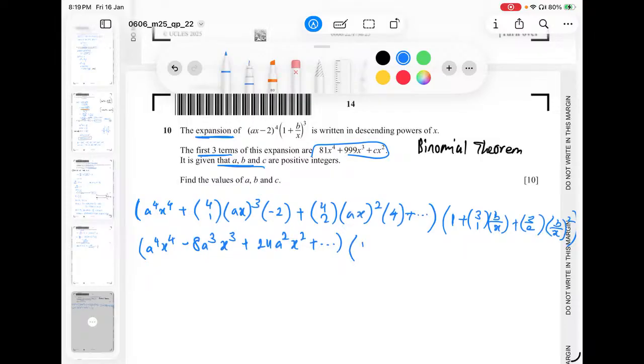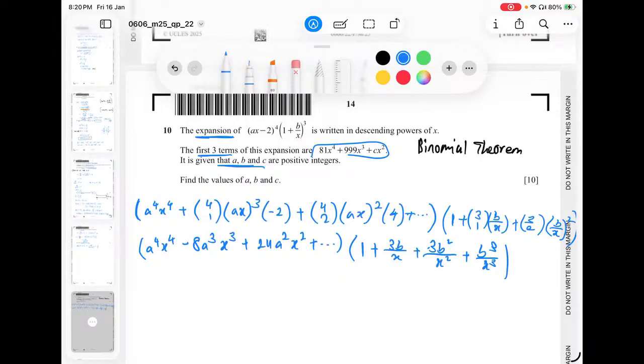And now 1 plus 3b over x plus the 3 choose 2 will also be 3, so 3b squared over x squared. Then you need to write b cubed over x cubed, so that's the last term.